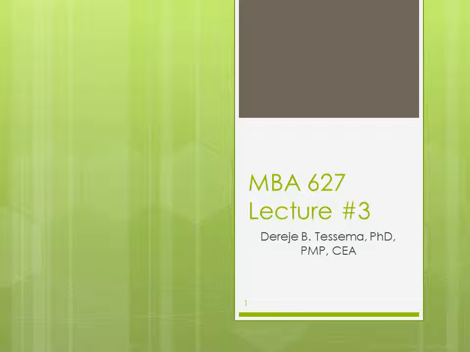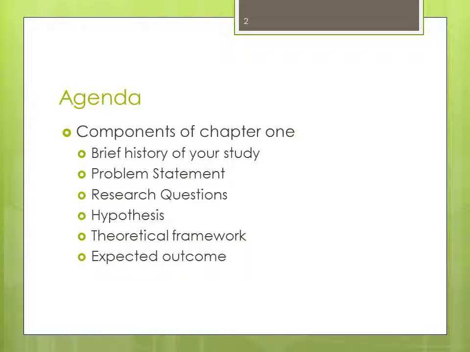The agenda for this lecture states that we're going to go into a brief history of your study, how you put together your chapter 1, which most researchers consider the GPS for your research, because this is the area where dissertation or PhD students spend years, probably between 9 months to 1 year, to formulate chapter 1, because it has everything you need to go further and dig into your research world.